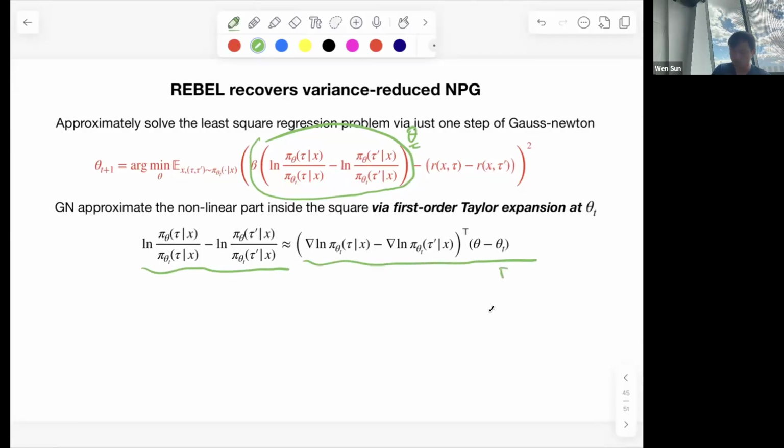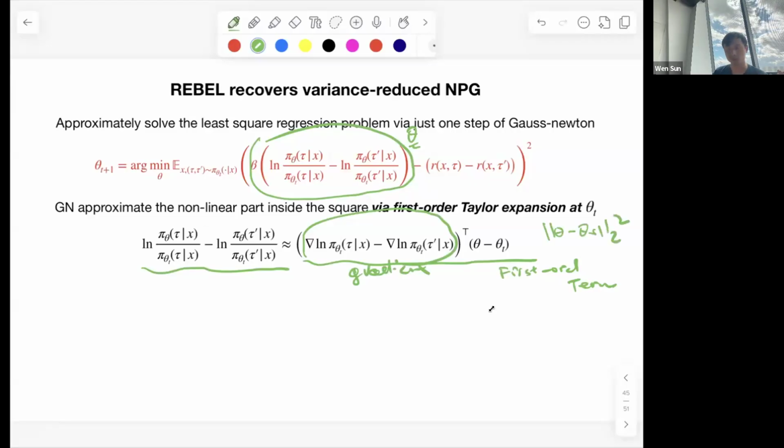So this is the first order term. Okay, so this is just a gradient, right? Okay, you may wonder where the zeroth order term is. You can verify that the zeroth order term is actually equal to 0. That's why I don't write it down here, because it's just 0. And because this is a first order Taylor expansion, I also get rid of the second order or third order terms, right?